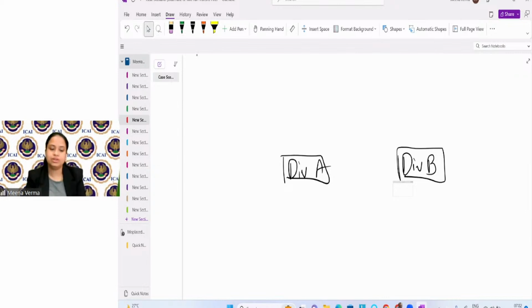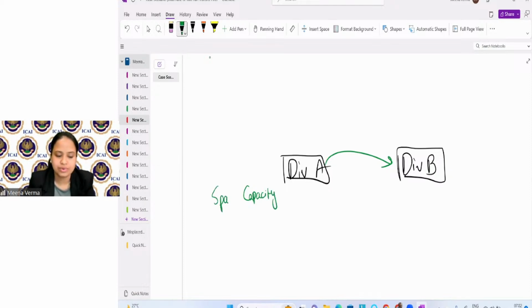First we see whether the division transferring the goods from division A to division B has spare capacity or not. We check this first.